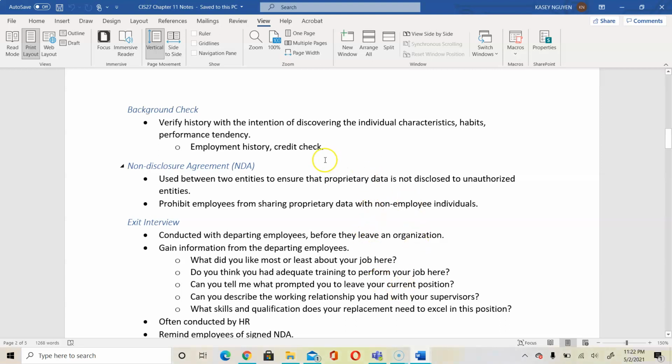So as you know, in the area that we work in, cybersecurity and information technology, we deal with a lot of sensitive data. So almost all positions would require background check when you apply for IT positions or cybersecurity positions. So it is expected for us to be able to provide background check of ourselves when we apply for these jobs.